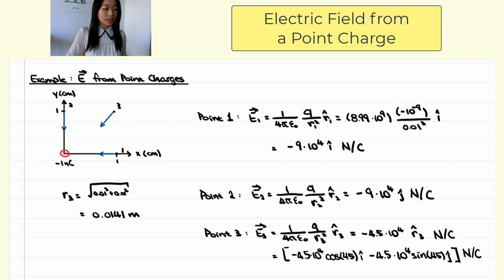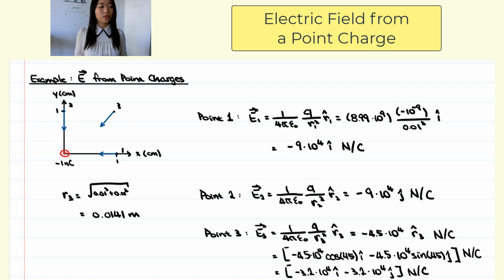And we get negative 3.2 times 10 to the power of 4 i hat minus 3.2 times 10 to the power of 4 j hat. So that is the electric field at point 3.